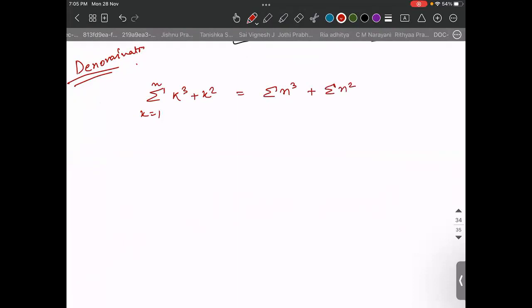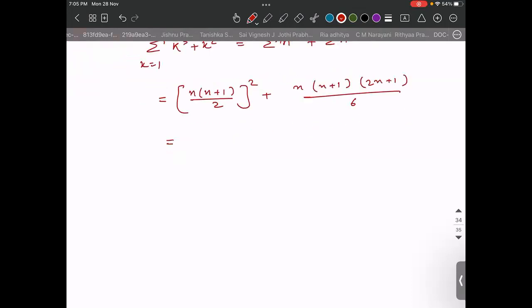So why are you writing n? Okay, summation of n. Okay, no issues. So again, you write it n into n plus 1 upon 2 whole square plus n into n plus 1 into 2n plus 1 upon 6. That's what we know. Now take n into n plus 1 by 2 common.